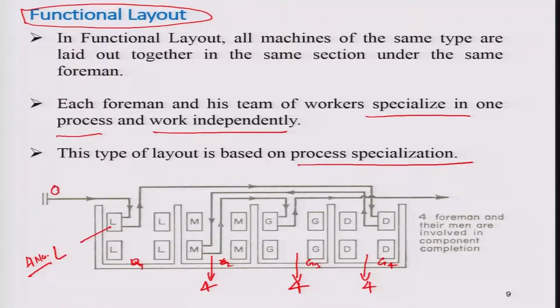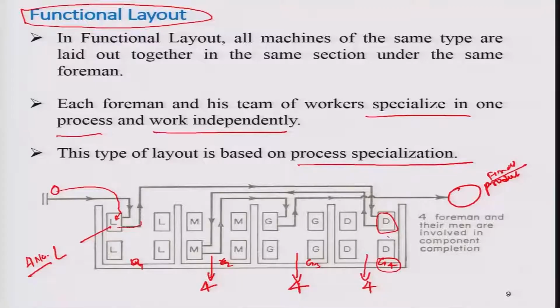One product will come here and get processed, then after finishing this work it will go to the group 4 area, where on machine D it will get processed again, then it will go from here to there, and finally it will come out of your workshop as the final product.